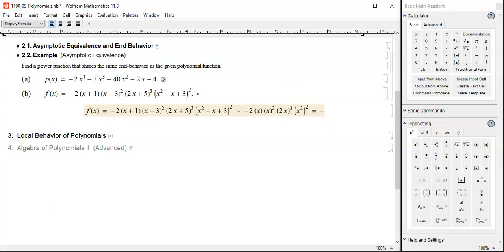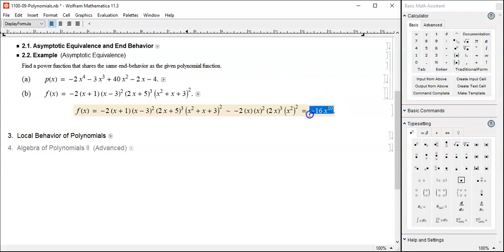That's negative 2 times 8, so negative 16x to the 1, 2, 6, 4, 10th power. So there you go. This function behaves pretty much the same as y equals negative 16x to the 10th power on a larger scale.